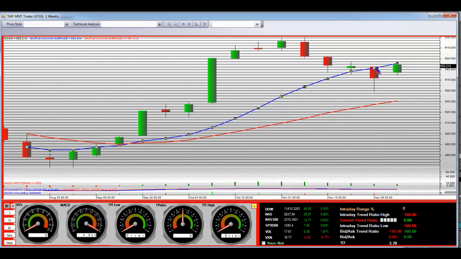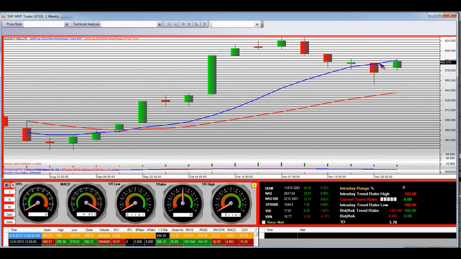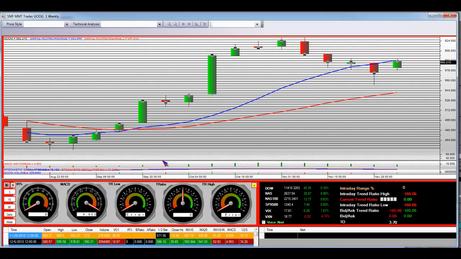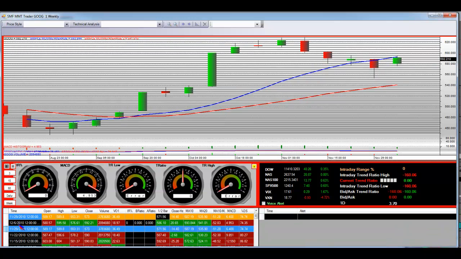So I'm going to go back under the hood again on Google, and I'm going to go to this weekly low. The weekly low here on this particular bar is 482.51. And I'm not sure if that's calculating the correct one, because we do have a 12/6 week, and let's see if that is there, which it is.